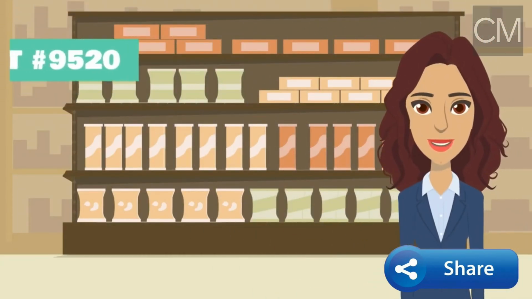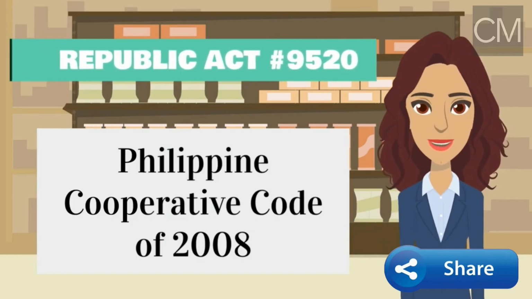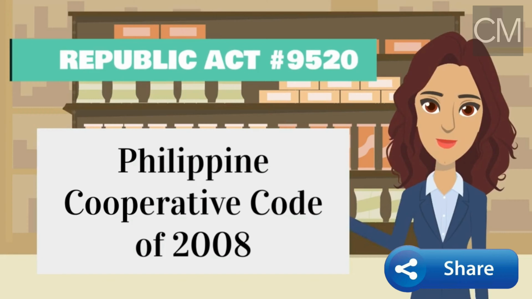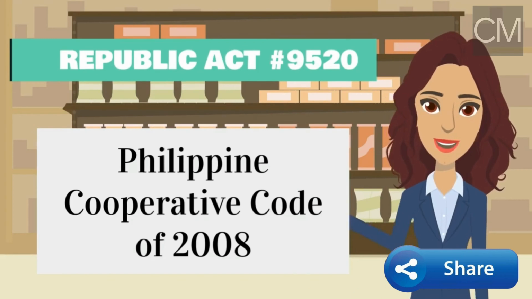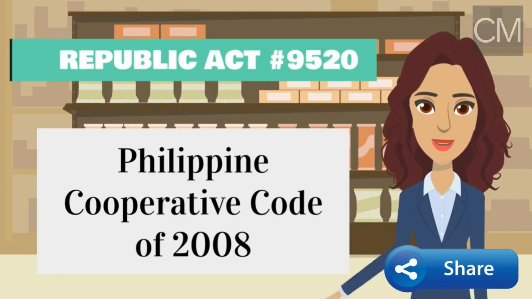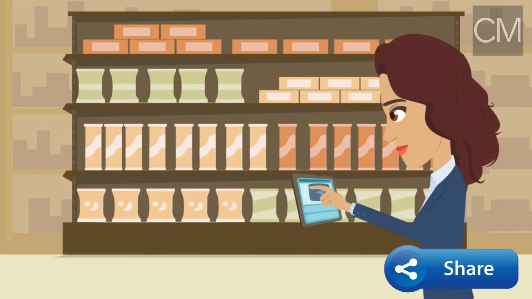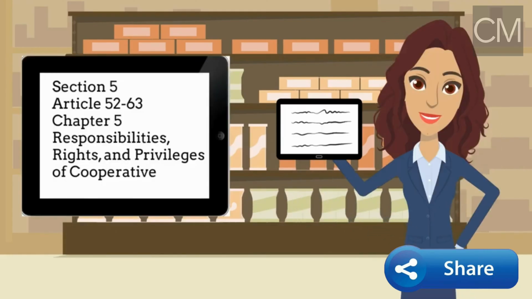And next, we will move on to Republic Act number 9520, an act amending the Cooperative Code of the Philippines to be known as the Philippine Cooperative Code of 2008. And we will proceed to Section 5, Articles 52 to 63 of Chapter 5 on Responsibilities, Rights, and Privileges of Cooperatives.